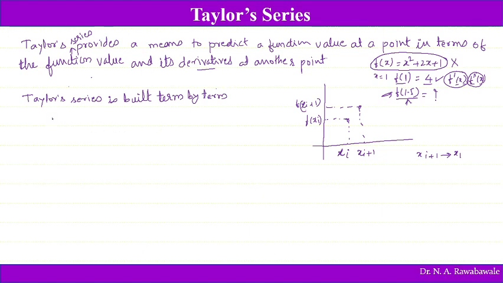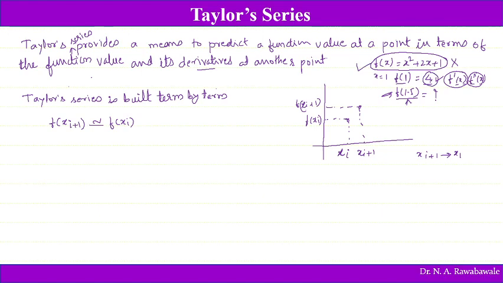Therefore, the function value f of xi plus 1 is approximately very close to f of xi. Say for example, we know f of 1 is equal to 4 for this given function f of x.